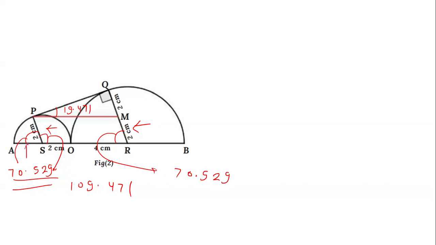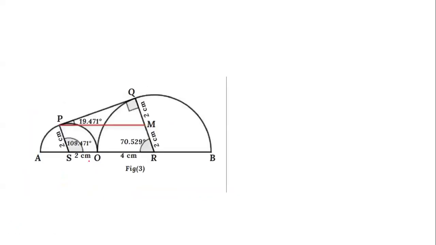If this angle is 70.529 and this line is parallel to this line, then this angle is also 70.529. So now this is 2 centimeter, this is 2 centimeter, and this is the radius of this circle, which is 4 centimeter.